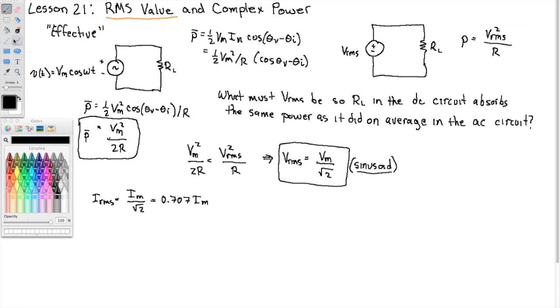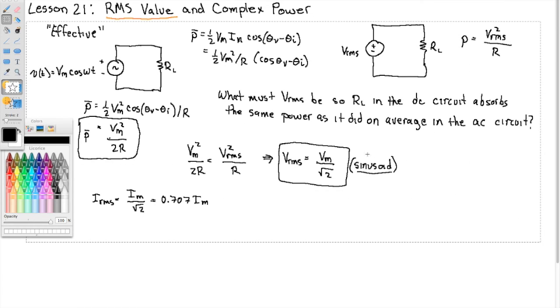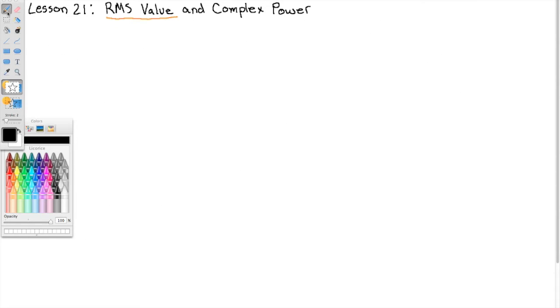All right, let me give you a second interpretation of RMS value before we move on to complex power. I'm going to delete this, pause the video if you feel the need. So you see we were kind of dealing with an average power in the DC sense, right?